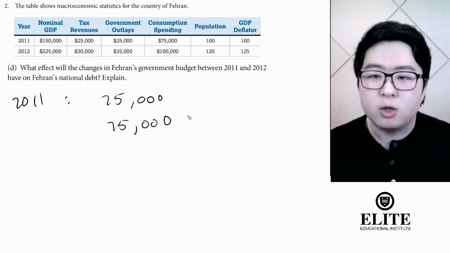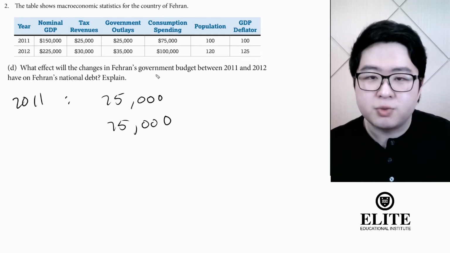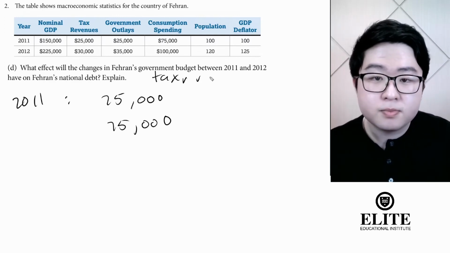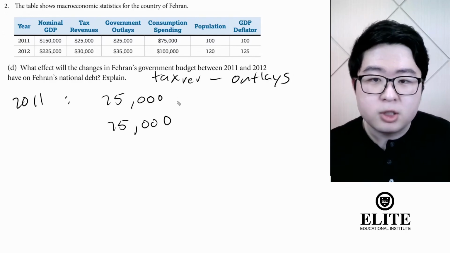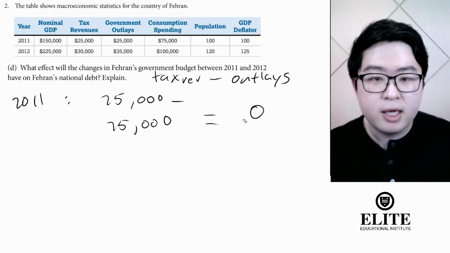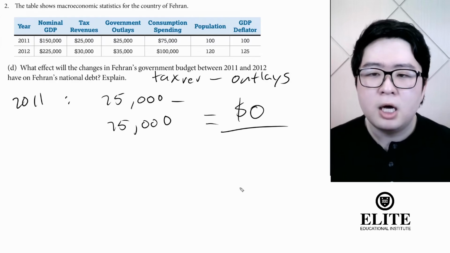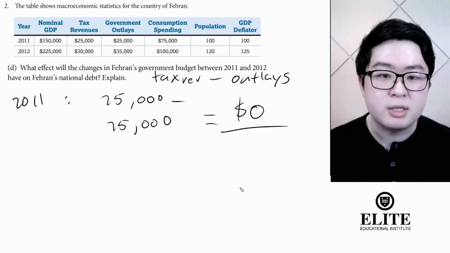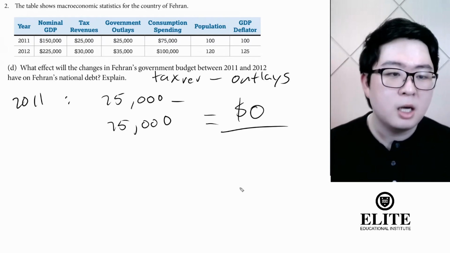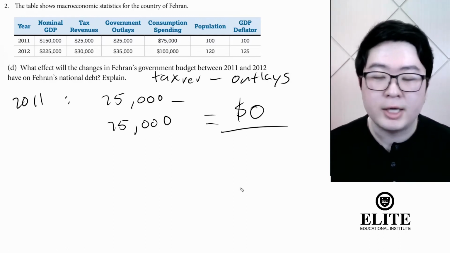In order to find the relative deficit or the surplus, what we need to do is take the revenues and subtract government outlays from it, right? So let's subtract these two, right? Subtract the outlays from the revenues, and we get a grand total of $0, right? So we see that in 2011, Iran had a balanced budget. That is, it wasn't adding to its debt, but it wasn't paying down its debt either, right? No impact on the debt.